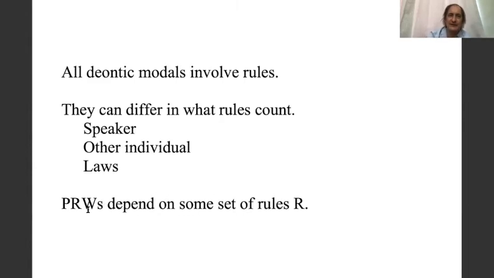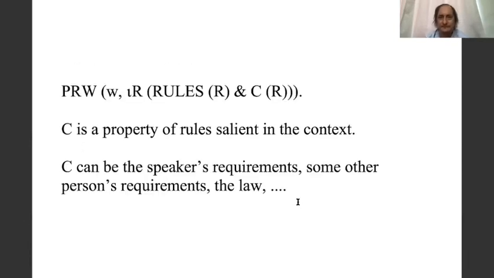So we're going to say that the PRWs depend on some set of rules R. And we'll formalize that like this. We're going to say here, PRW is true of a world W and a rule.